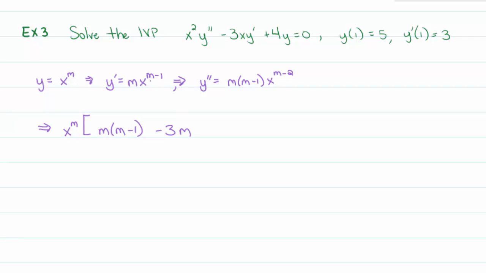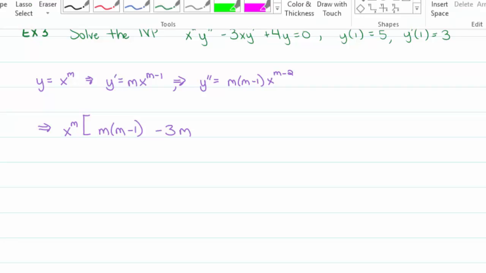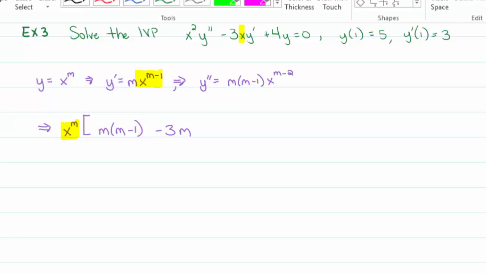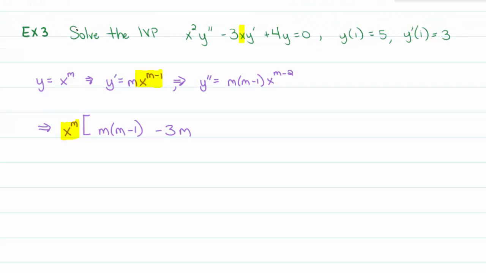The x to the m minus 1 has been multiplied. I'll show you here. The x to the m minus 1, this guy right here, has been multiplied by the x to become an x to the m and has therefore been moved out front. And finally, you have plus 4 times y. And again, y is just x to the m, which has been moved out front, is equal to 0.